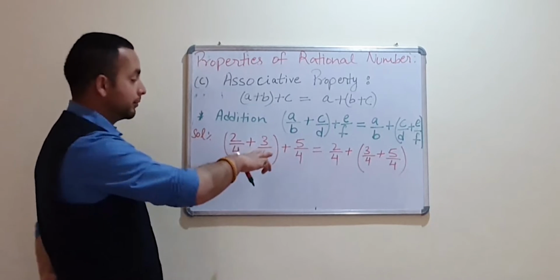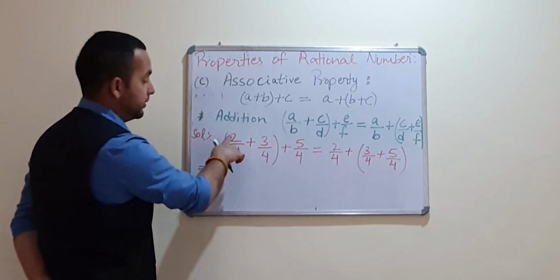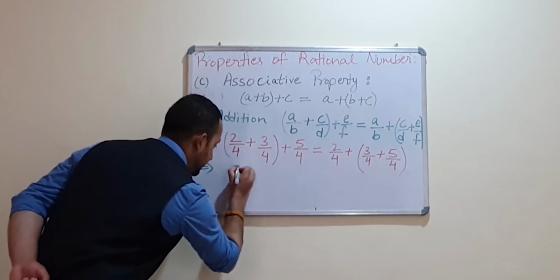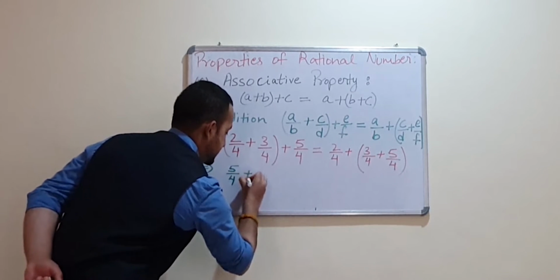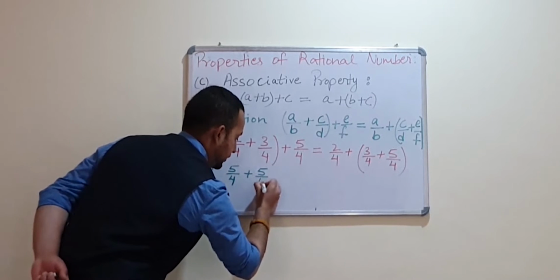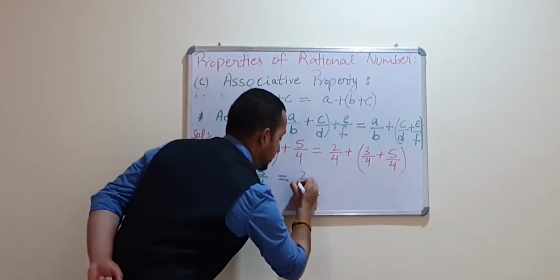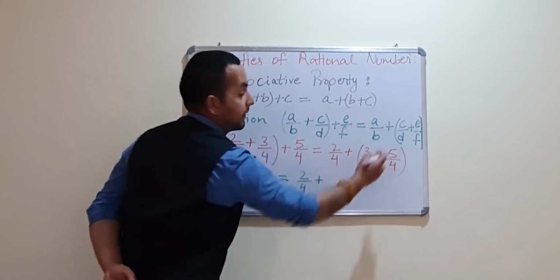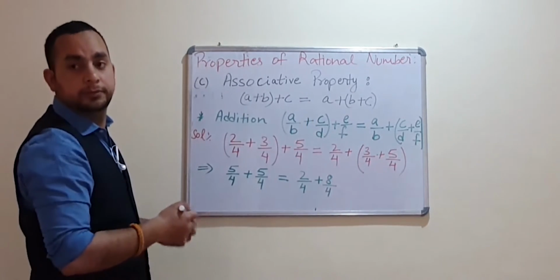First we are going to solve the bracket. The denominator is the same, so we add the two numerators. 2 plus 3 is 5, and the denominator is 4 itself, plus 5/4 equals 2/4 as it is, plus 3 plus 5 which is 8, so 8/4.